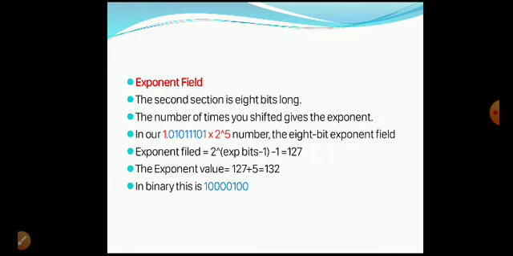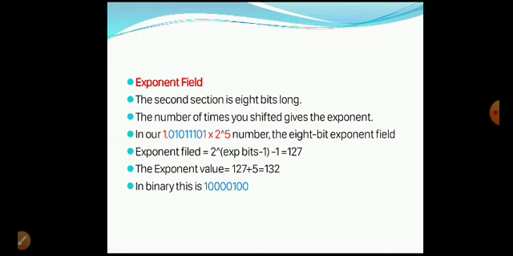First of all, you have to understand what is meant by bias. For the 32-bit format, it is 2 to the power (exponent bits minus 1) minus 1, that is 2 to the power 7 minus 1, which is equal to 127.